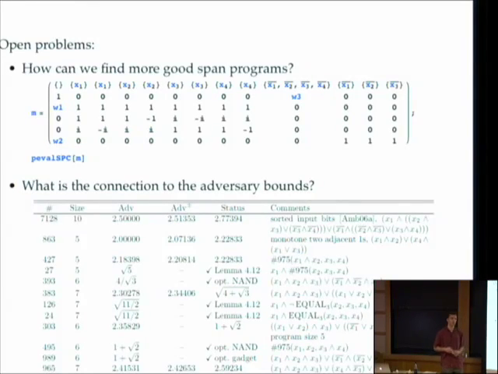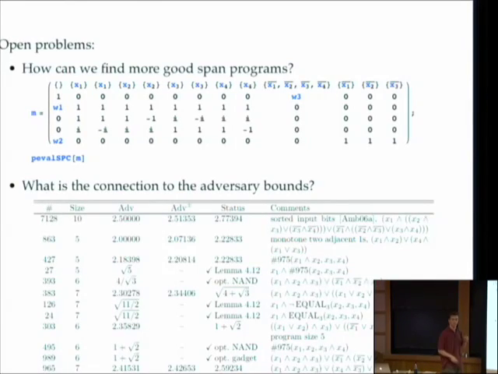Yeah. It's really the size of the product, the number of columns. At least in our original definition for size of span program, that's the size. It's the sum of the dimensions, and you delete everything that's not true. And this is supposed to be the target vector, I think.